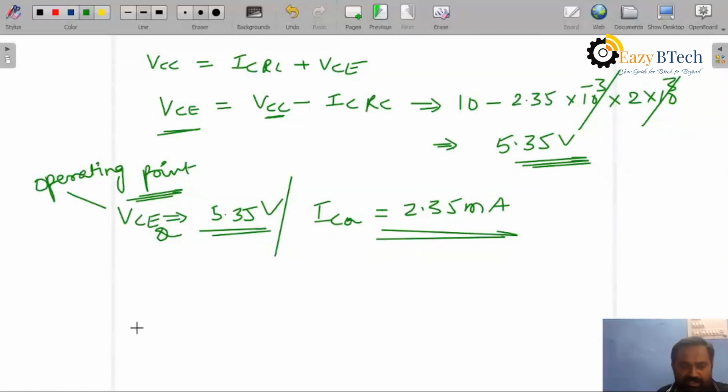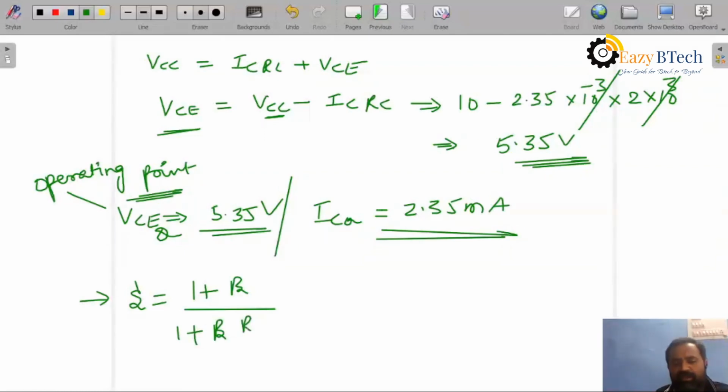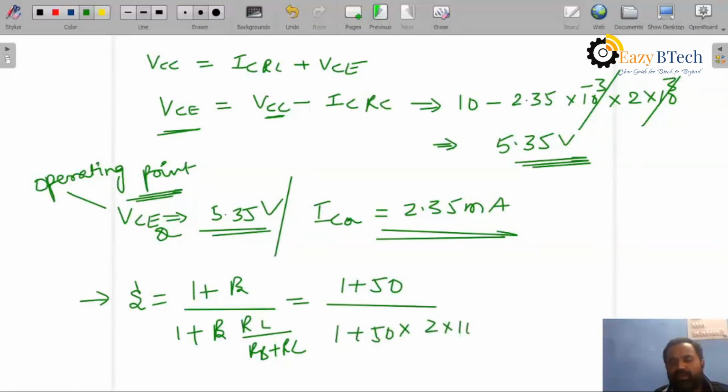Okay, students. Next, the stability factor. The formula for this is 1 plus beta by 1 plus beta, RC by RB plus RC. Now 1 plus 50 by 1 plus 50 into 2 into 10 power 3 by 100 plus 2 into 10 power 3.